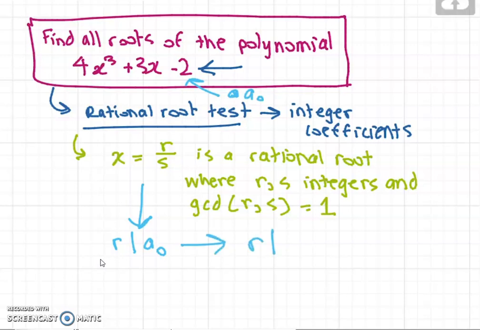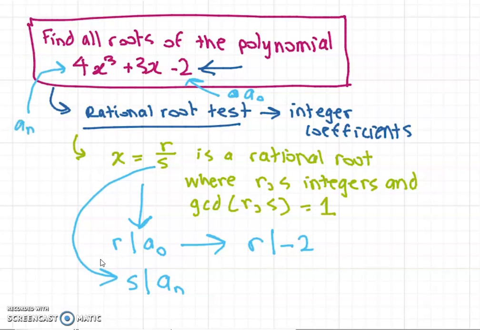Well, the constant term is minus 2, so r must divide minus 2. And the denominator s of the fraction must be a factor of the leading coefficient an. In this case, the leading coefficient is 4, and this means s must be a factor of 4.